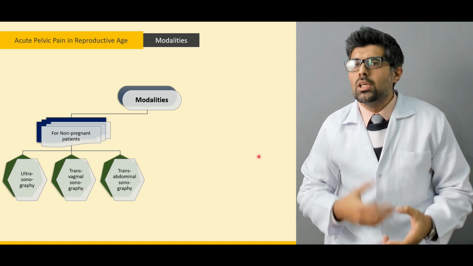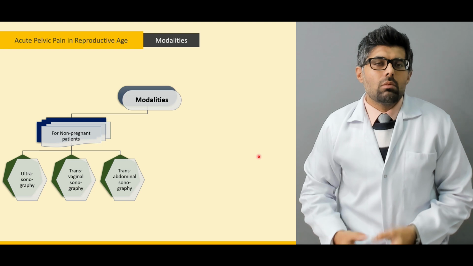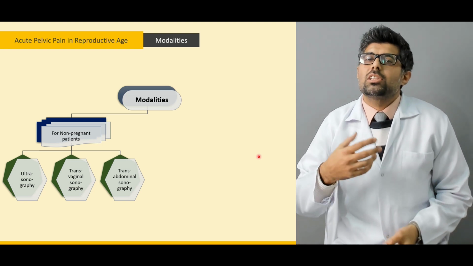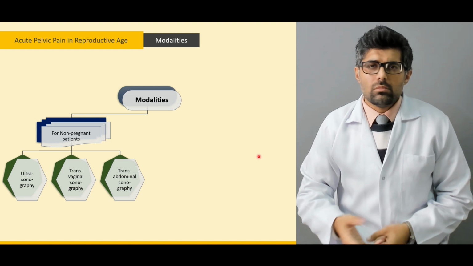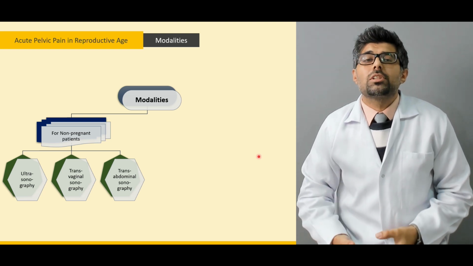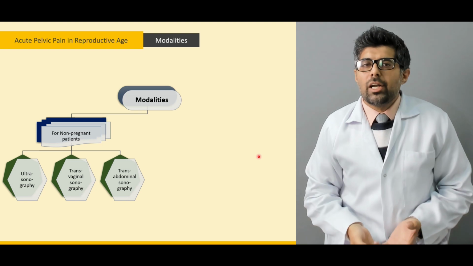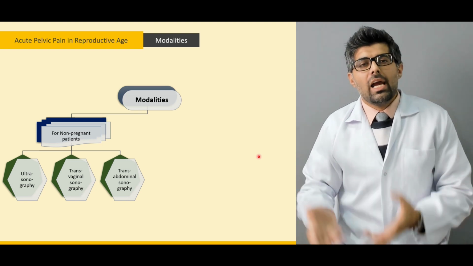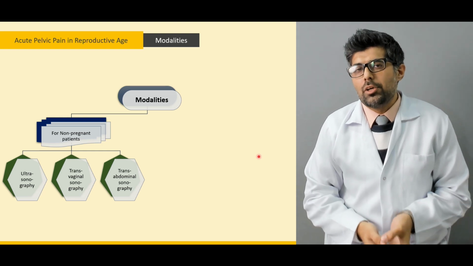They do not have much detail in them. So in order to visualize them, we have to perform the transabdominal ultrasound. That will give us an anterior view of both the female adnexa and the peritoneal cavity.